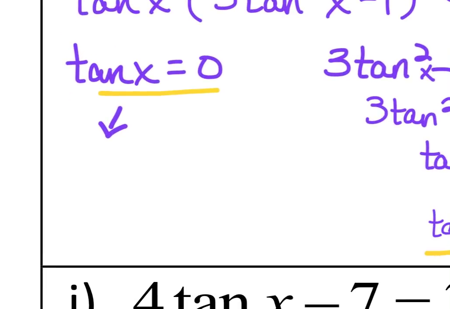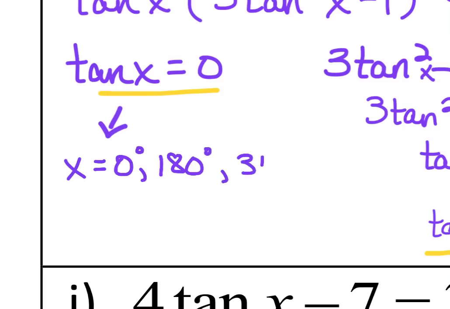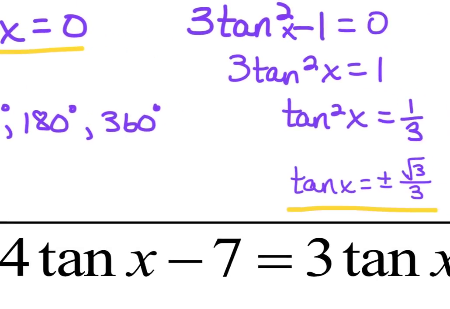Tangent of x equals 0 at x equals 0, 180 degrees. And if it's 0, it's also 360 degrees. And then tangent of x equals plus or minus radical 3/3.